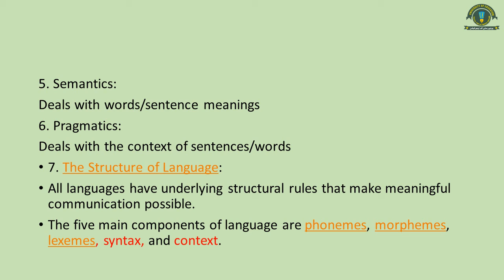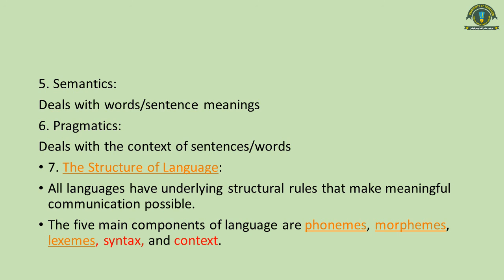There are 2 main types of morphemes: free morphemes and bound morphemes. Free morphemes are those which occur freely, while bound morphemes are those which need a stem or root word.